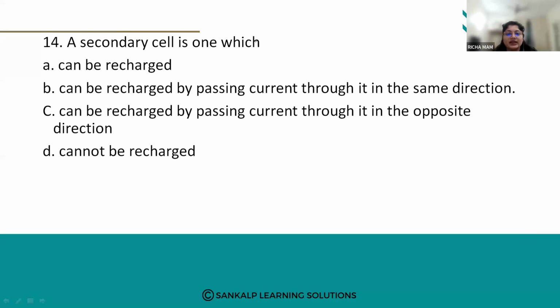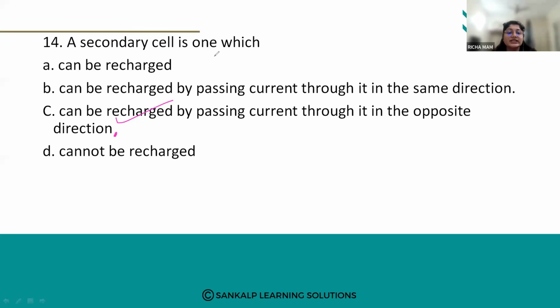An electric cell that can be rechargeable is used to store electrical energy in the form of chemical energy. So a secondary cell is one which can be recharged by passing current through it in the opposite direction.